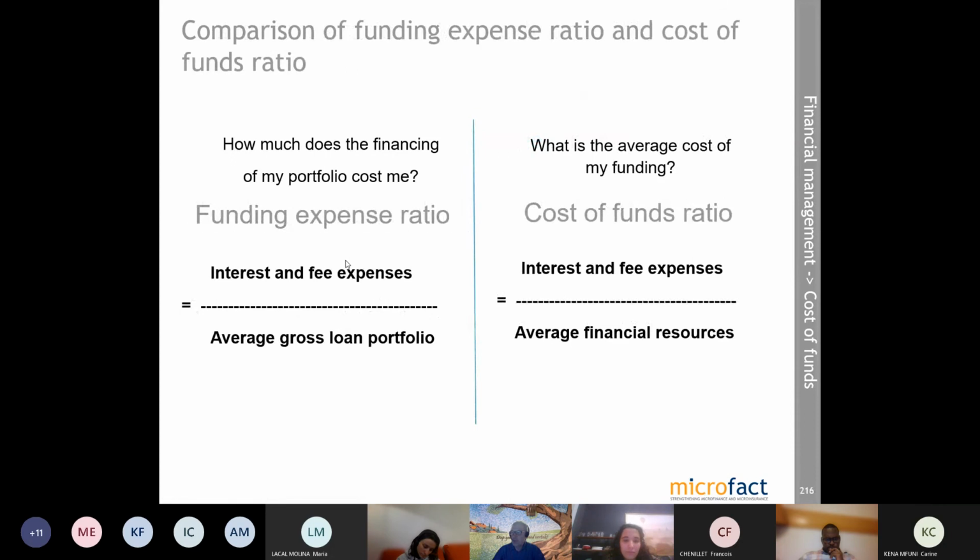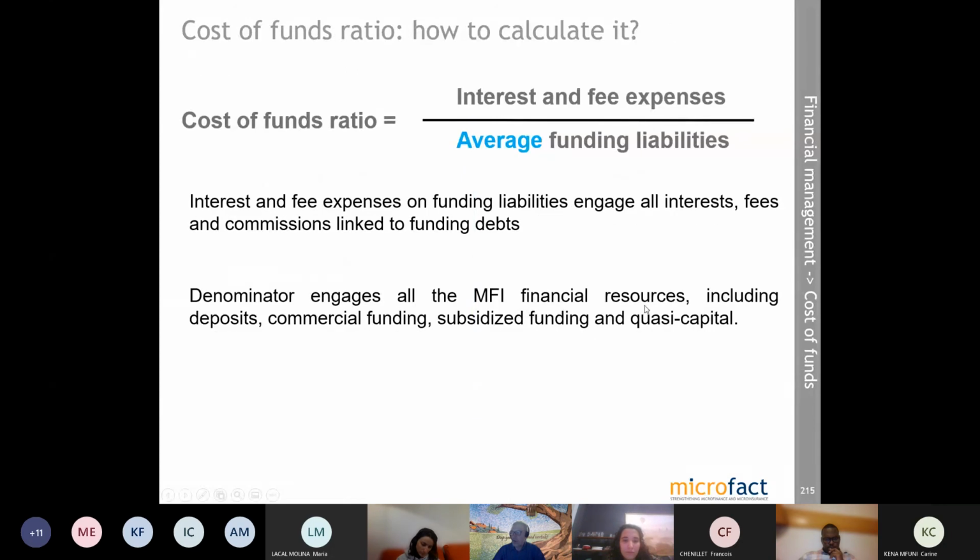So it's including all financial resources: deposits, commercial funding, subsidized funding, and actually also quasi-capital. There are some, I don't know the word in English. How do you call that? Another word for quasi-capital. Is somebody here speaking Dutch? Achtergestelde lening, that's the word in Dutch.